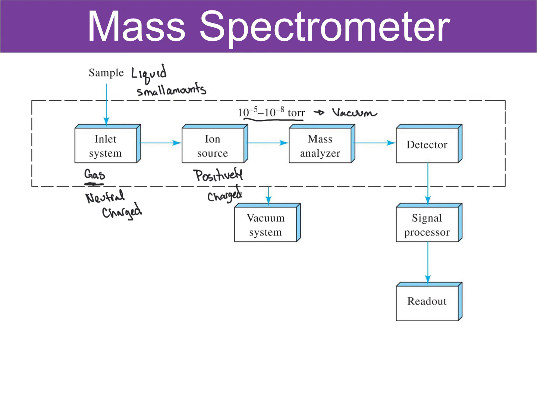So, in other words, we need to create ions. From there, our ions now go through the mass analyzer. And so this is whenever we separate by mass. And then these ions are detected by a detector and processed and displayed on the computer.